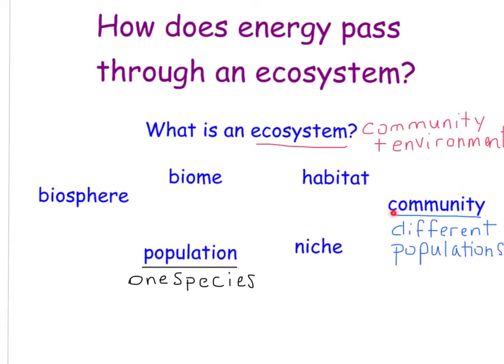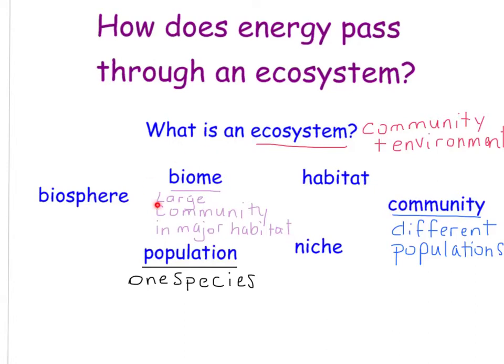Now let's look at another word here that you may or may not be familiar with, biome. Probably all dealt with this word at some point. What is the definition of that? The biome is a very large community of organisms occupying a major habitat. So I just used another word that maybe we need to define, right?